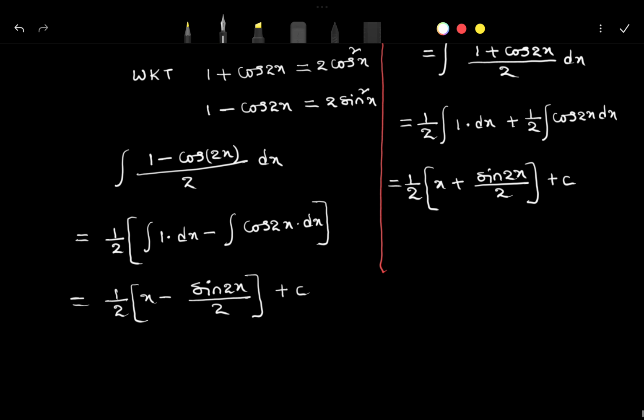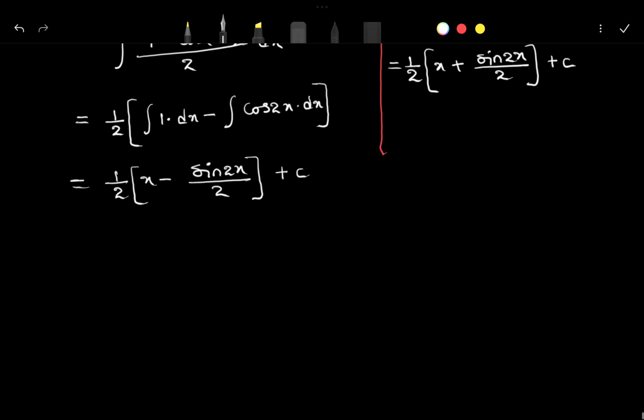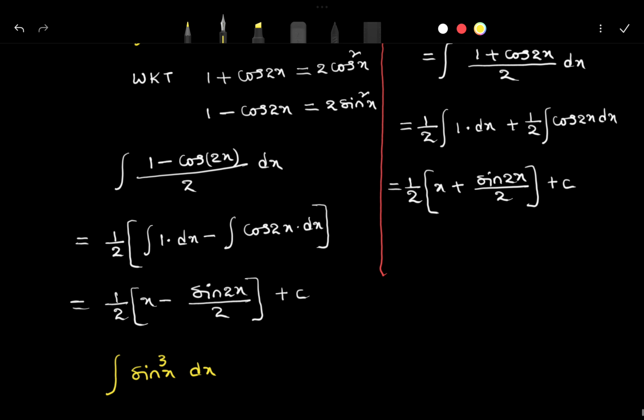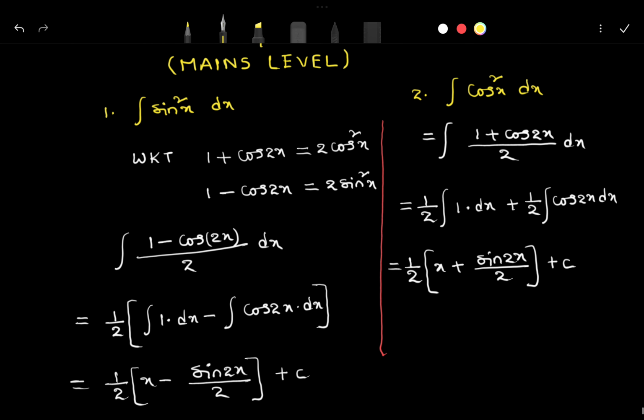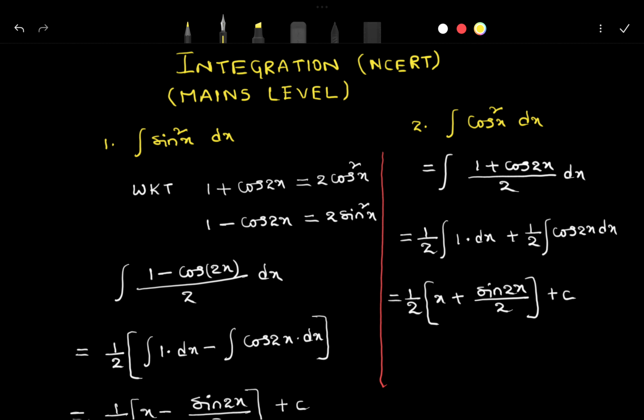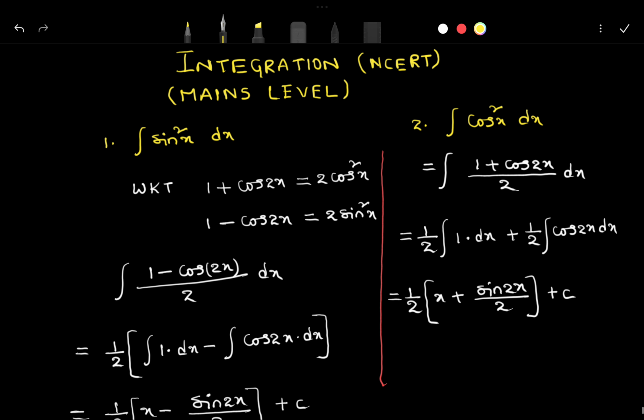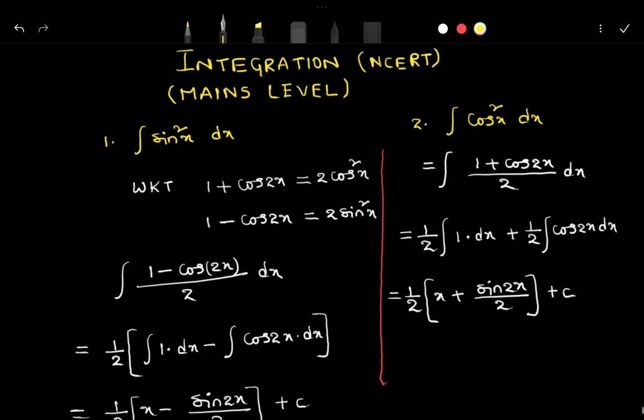Next, in the same model, you have to do one more question. That is integration of sin cube x into dx. See what I taught in the previous two questions: when a power is there, sin square and cos square, first you think how to remove that power from the given trigonometric function.